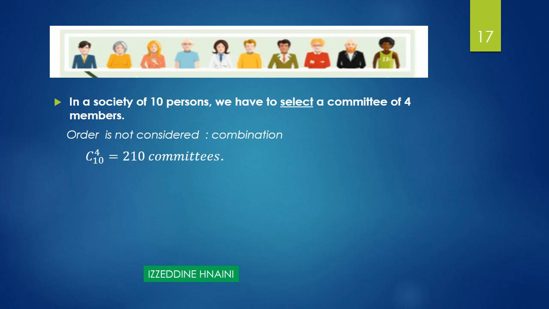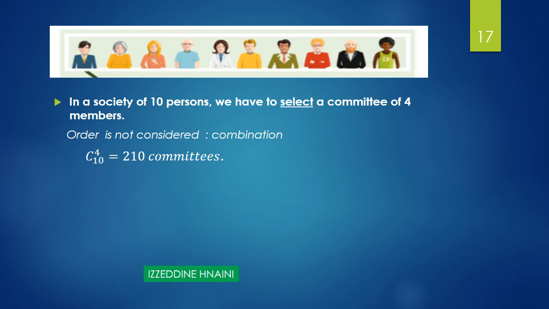Now we have 10 persons and we want to select a committee of 4 members. Note that in forming the committee, the order is not important, because if the committee, for example, contains Maryam, Reem, Rayyan, Warid, it is the same if it contains Warid, Rayyan, Reem, Maryam.